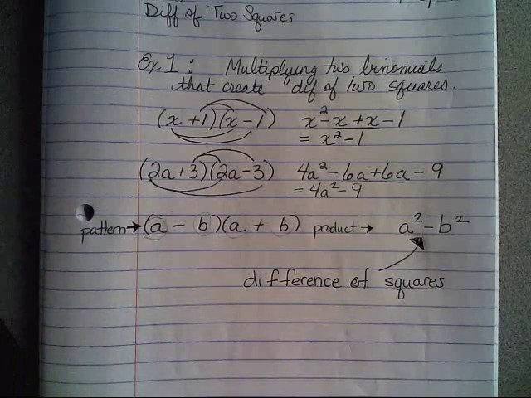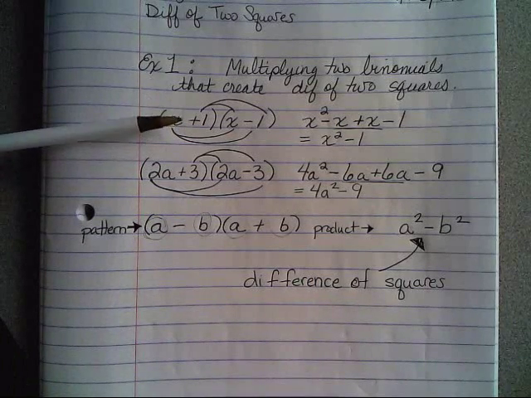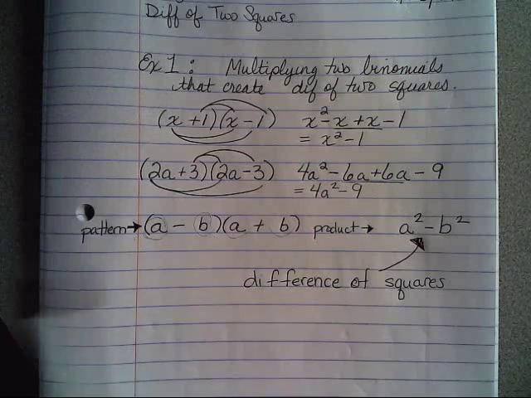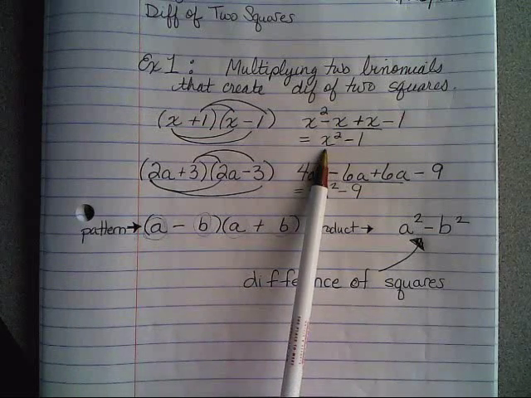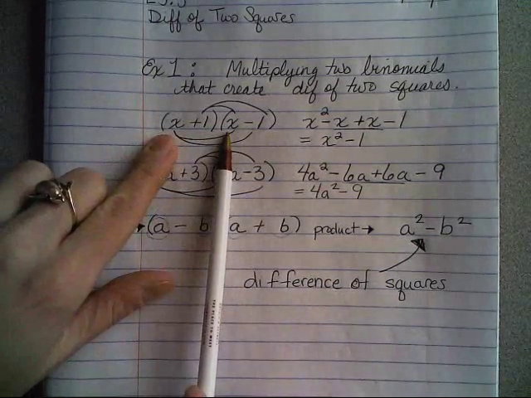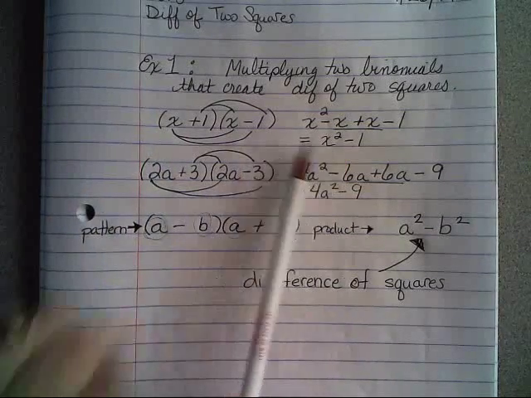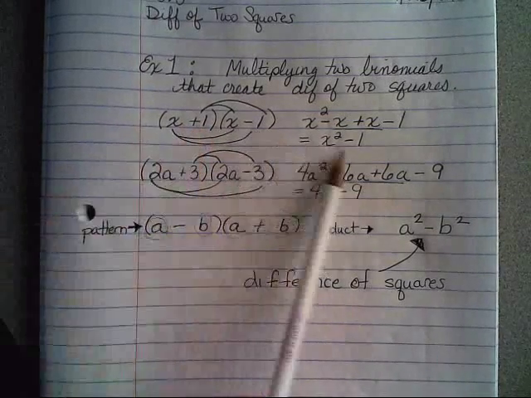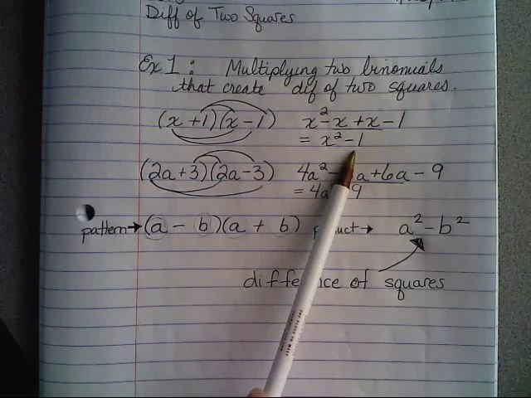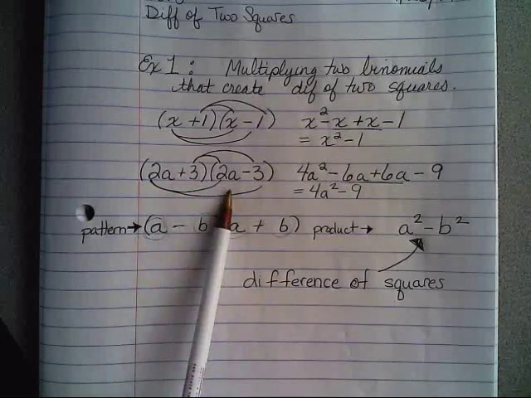Now, I gave you a real easy example, x plus 1, x minus 1, and lo and behold, the answer is a squared, which is the first position, minus b squared, which is the second position. I gave you one slightly more advanced.